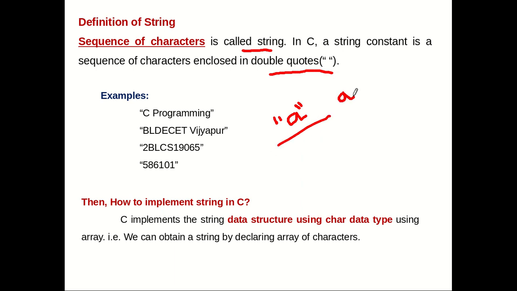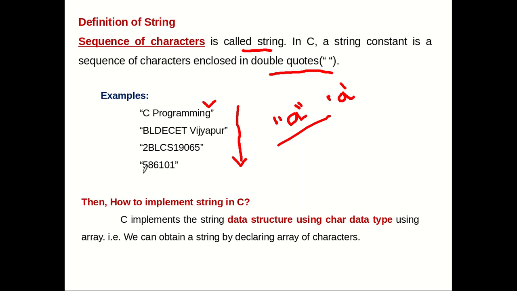Suppose I write a single character in single quotes, we consider it as a character, not a string. One thing we have to observe is that whatever information we enclose within double quotes is treated as a string. See some of the examples we have taken here. All the characters enclosed within double quotes, so this is a string.